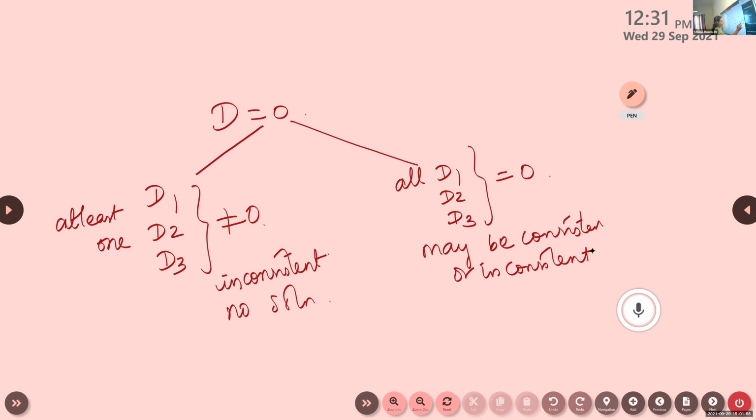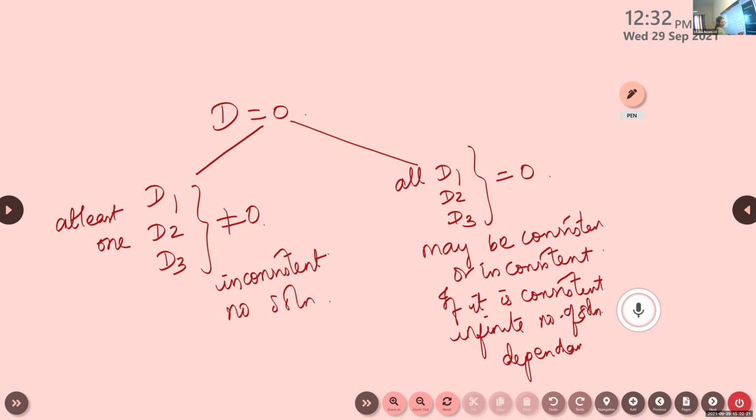And if it is consistent, it has an infinite number of solutions, and the solutions will be dependent.